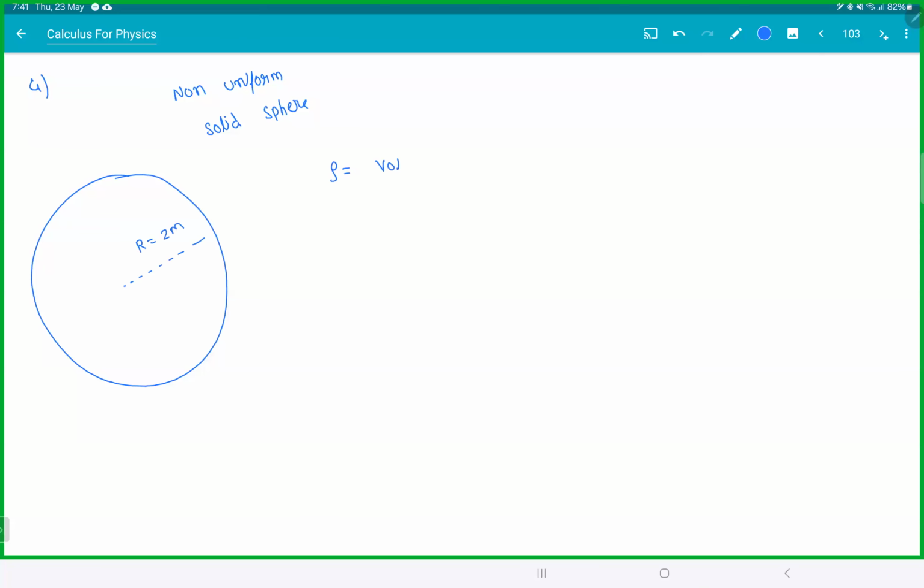Rho is volume density, which you studied in school, which is mass by volume. So rho is given, rho is equal to 3x, meaning at the center it is 0, and as you go outside it increases. Rho is 3x kg per meter cube, x is distance from center. Find the mass of this sphere. x lies between 0 to 2.